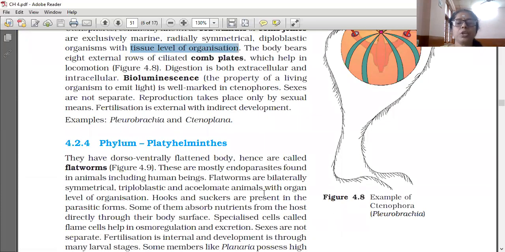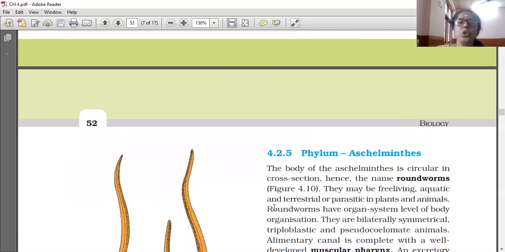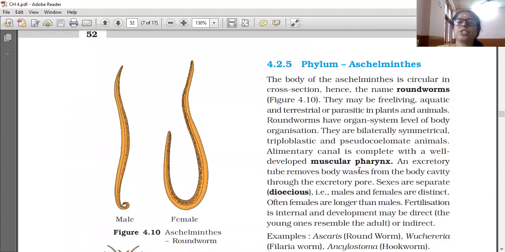Platyhelminthes members and Aschelminthes members are both at organ level of organization. Moreover, a muscular pharynx is also present. The alimentary canal is complete, whereas in Platyhelminthes it is incomplete, with only one opening, either mouth or anus.